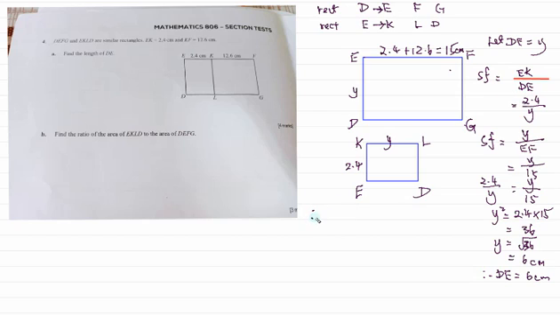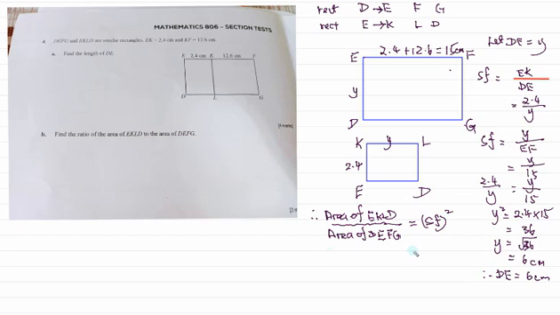So the area of the smaller rectangle, which is EKLD, over the area of DEFG is equal to the scale factor squared. Remember, comparing area is the square of the scale factor.